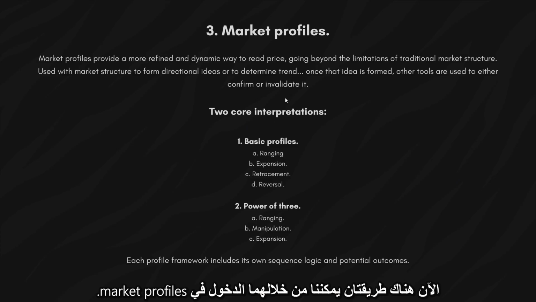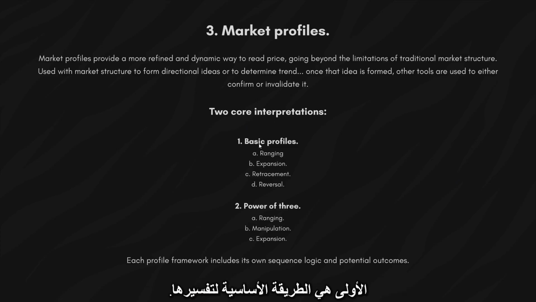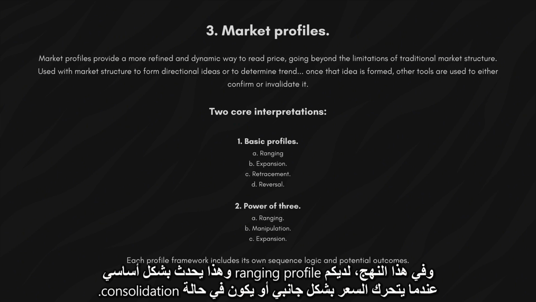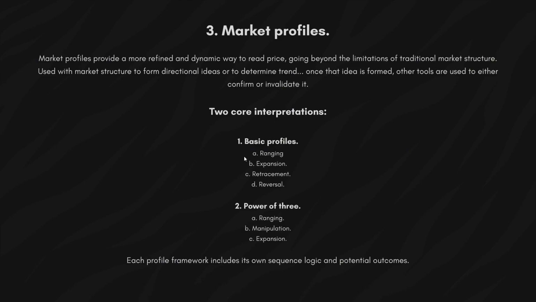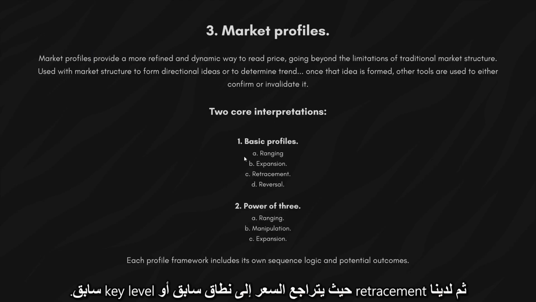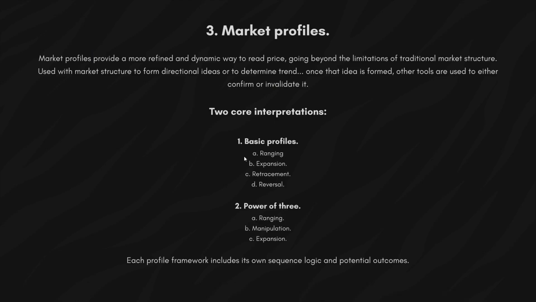Now, there are two ways that we can interpret market profiles. The first one is the basic way of interpreting it, and in that approach, you've got the ranging profile, and that's basically when price is moving sideways or it's in consolidation. We've got the expansion profile, where the market breaks out and starts expanding in a particular direction. Then we have a retracement, where price pulls back into a previous range or a previous key level.